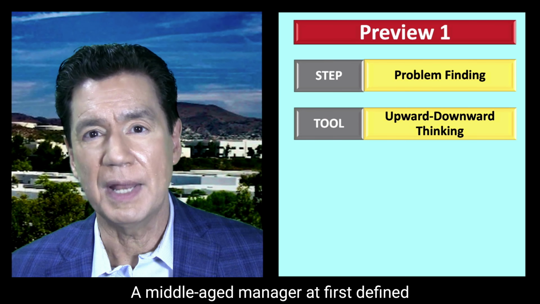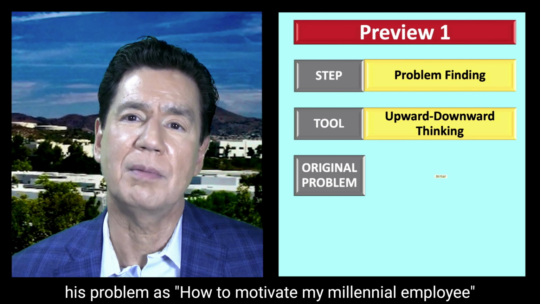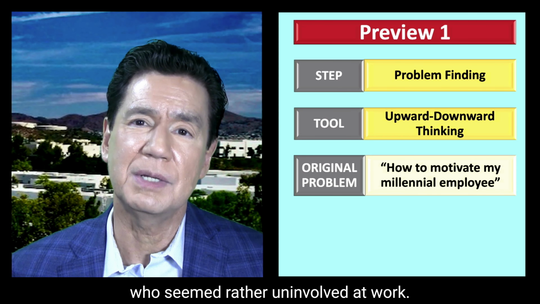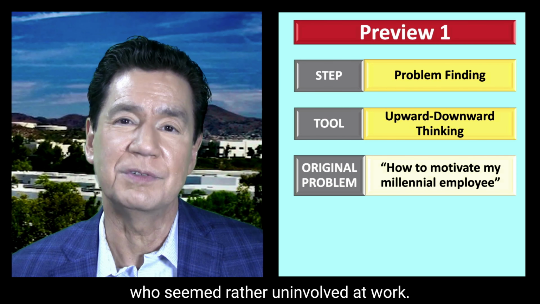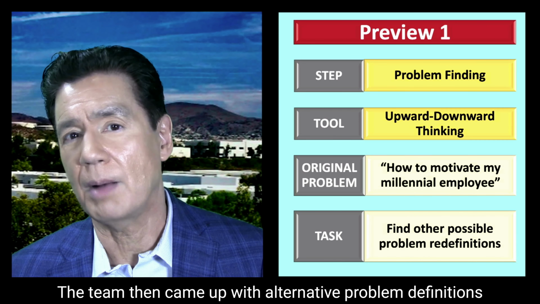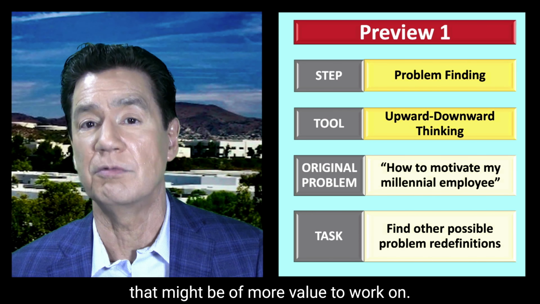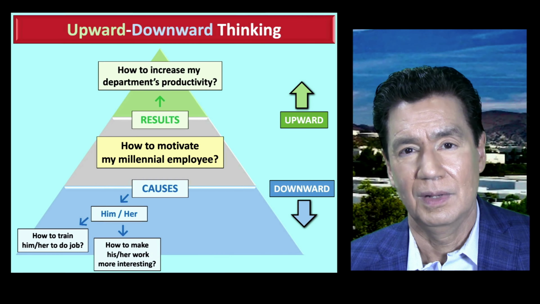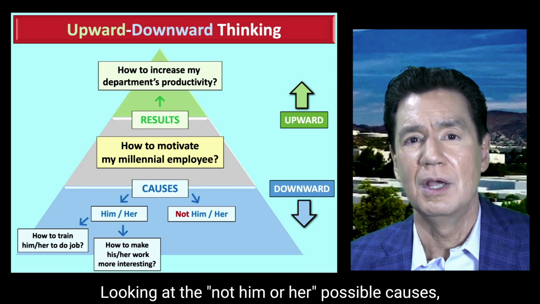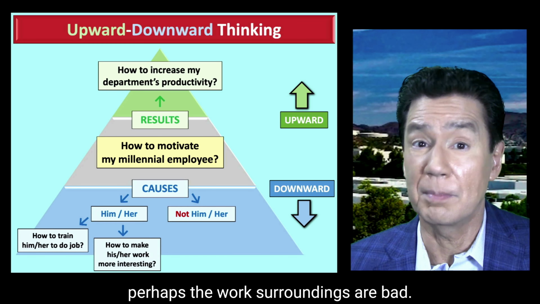A middle-aged manager at first defined his problem as how to motivate my millennial employee who seemed rather uninvolved at work. The team then came up with alternative problem definitions that might be of more value to work on. Looking at the not him or her possible causes, perhaps the work surroundings are bad.